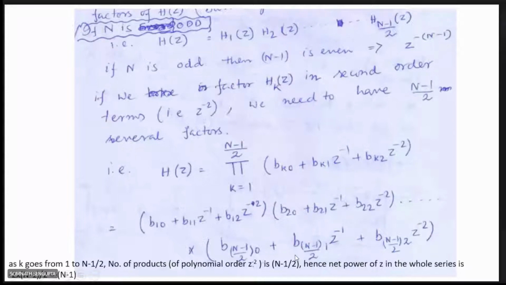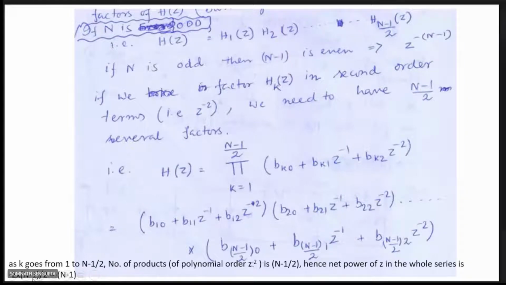So if it is (n minus 1) divided by 2 number of terms, what will the power of z be? The maximum power of z is minus 2 in each product, and it goes (n minus 1) by 2 times.